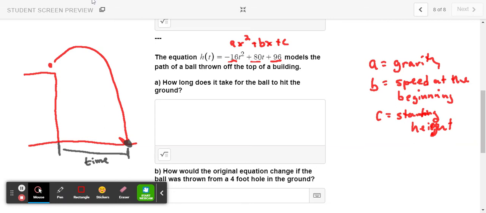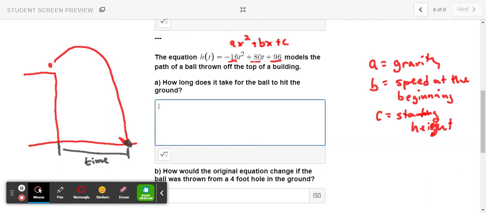All right, so I can jump into Desmos with that. When I graph that, I know it's on a different slide, but if I plug this into a graph, which is what you guys would do as well, and you look for the x-intercept, you find an x-intercept of 6. So how long does it take for the ball to hit the ground?